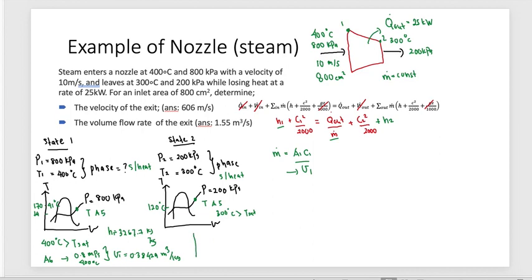Then again, I have to refer to table A6, but at a pressure of 0.2 megapascal and a temperature of 300 degrees Celsius.